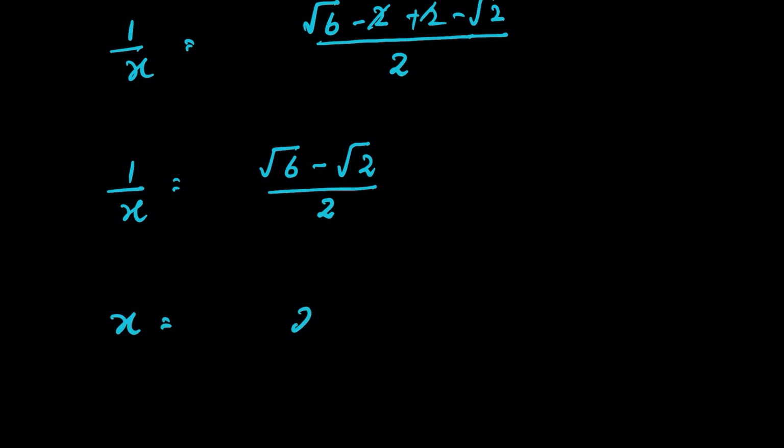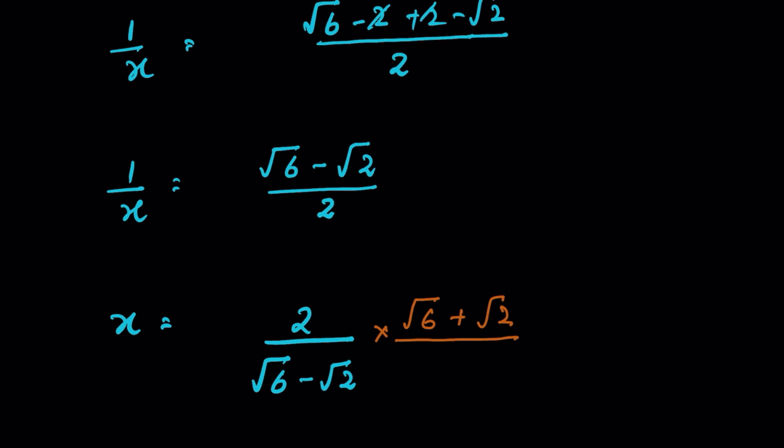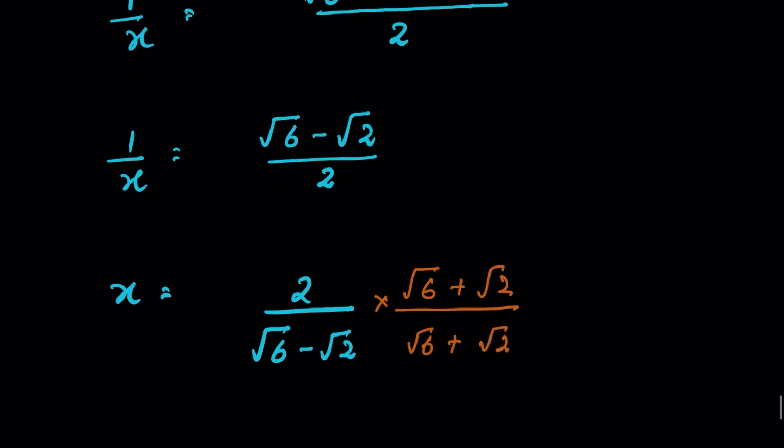or x equals to 2 upon square root of 6 minus square root of 2. Again, let's rationalize the denominator. So we multiply and divide by square root of 6 plus square root of 2, the conjugate of square root of 6 minus square root of 2.